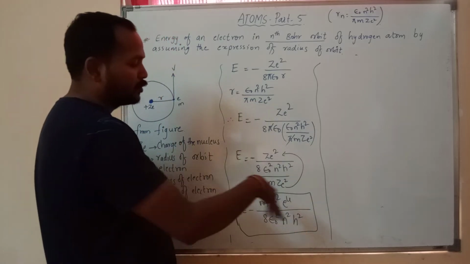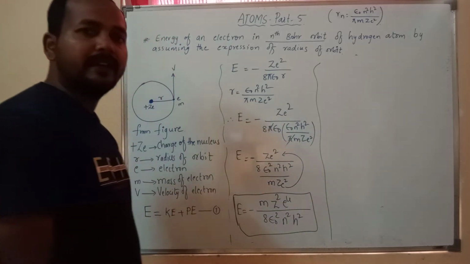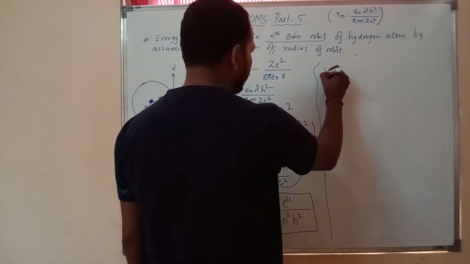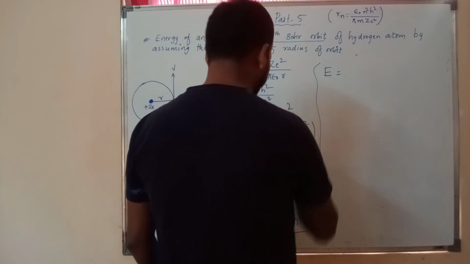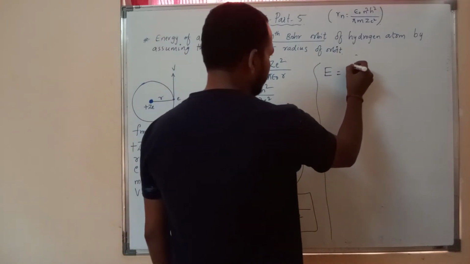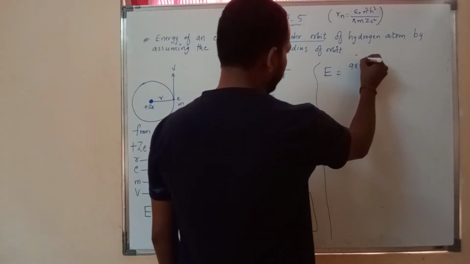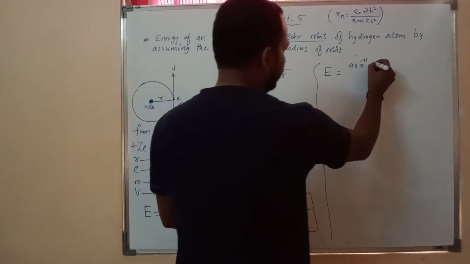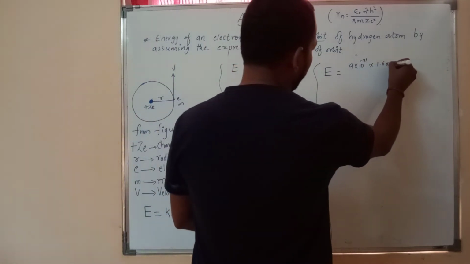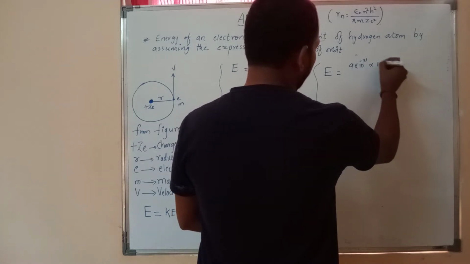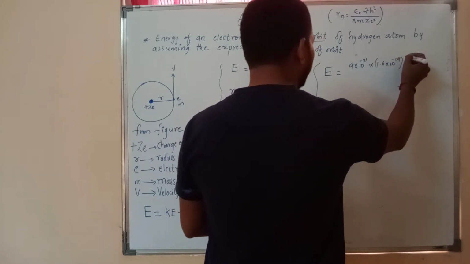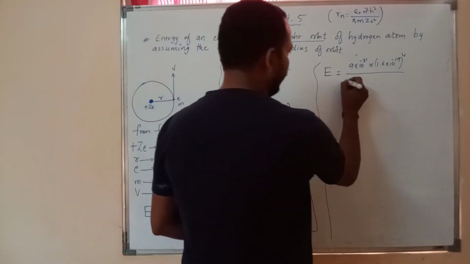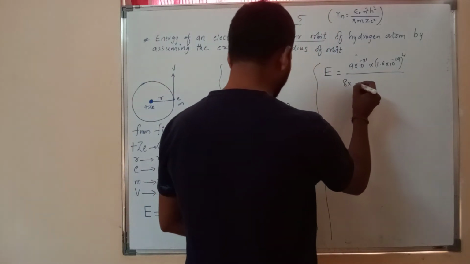After substituting all those values, we get E is equal to 9 into 10 to the power of minus 31 kg, the electron charge 1.6 into 10 to the power of minus 19 coulomb raised to 4, divided by 8 into epsilon naught square.